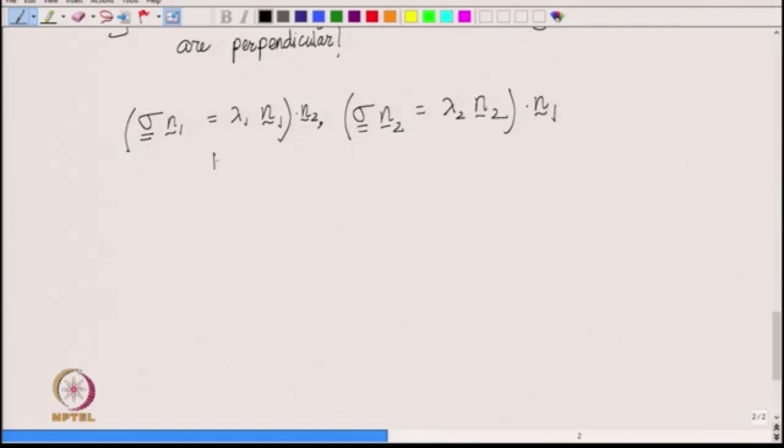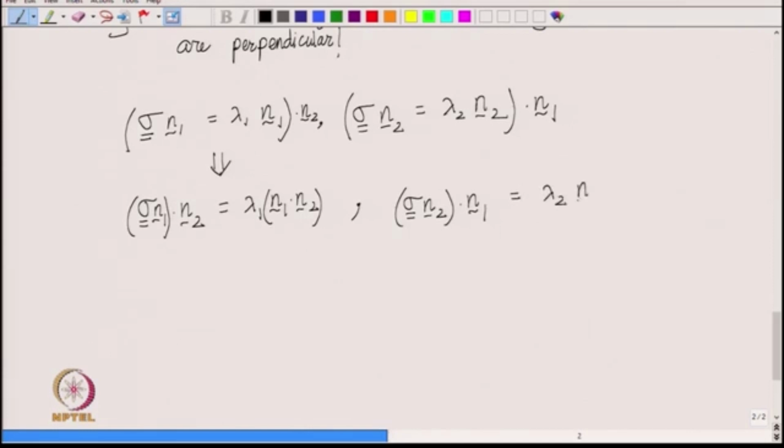So, what does the first equation now give me? So, I have sigma n1 dot with n2 equal to lambda 1 of n1 dot n2, dot product of the two eigenvectors, whereas the second equation gives me sigma n2 dot with n1 is equal to lambda 2 of n2 dot n1.